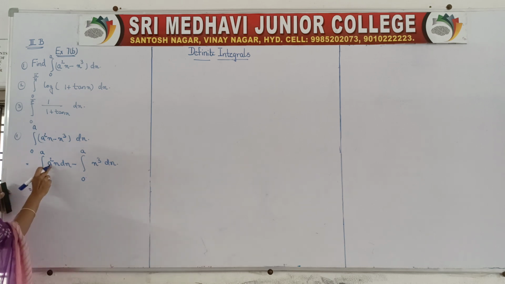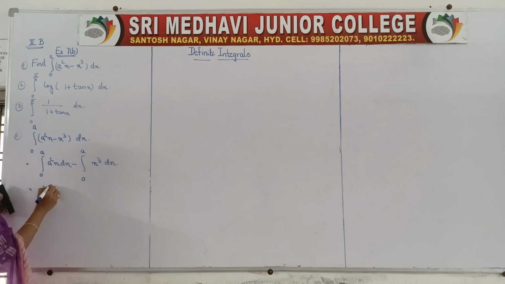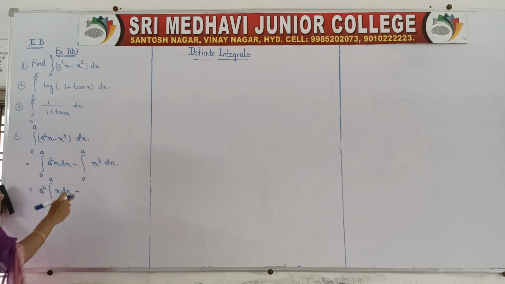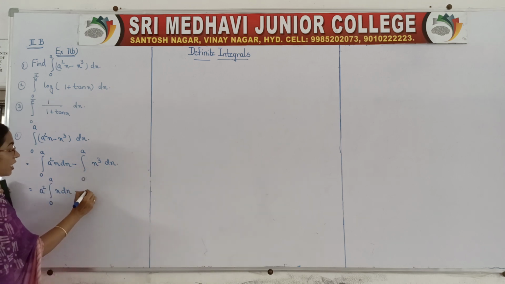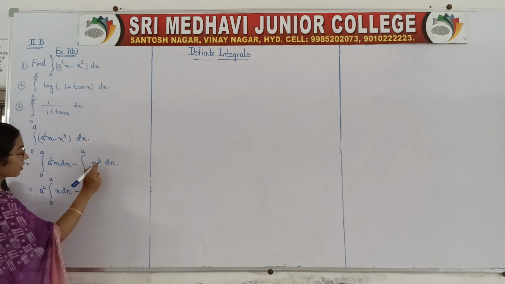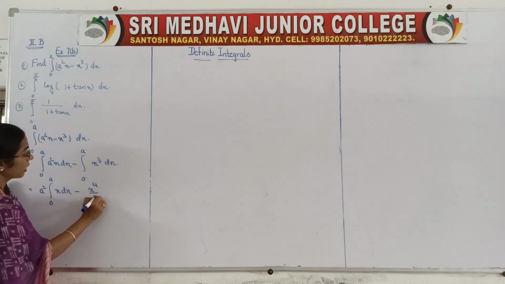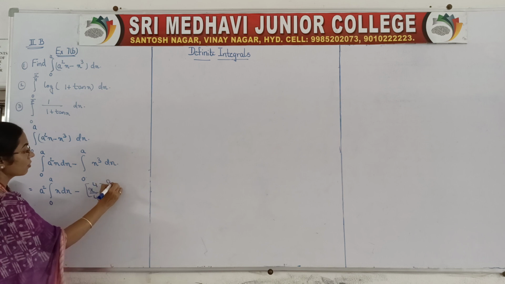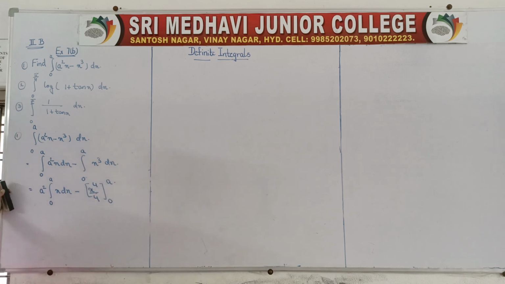So here a square is a letter, it is a constant, take it outside. So the integral from 0 to a of x dx minus the integral of x cube dx. Here it is x to the power of n form. The integral of x to the power of n is x to the power of n plus 1 by n plus 1, so 3 plus 1 is 4, by 4. Once the integral is over, we have to take the limits on the right side.